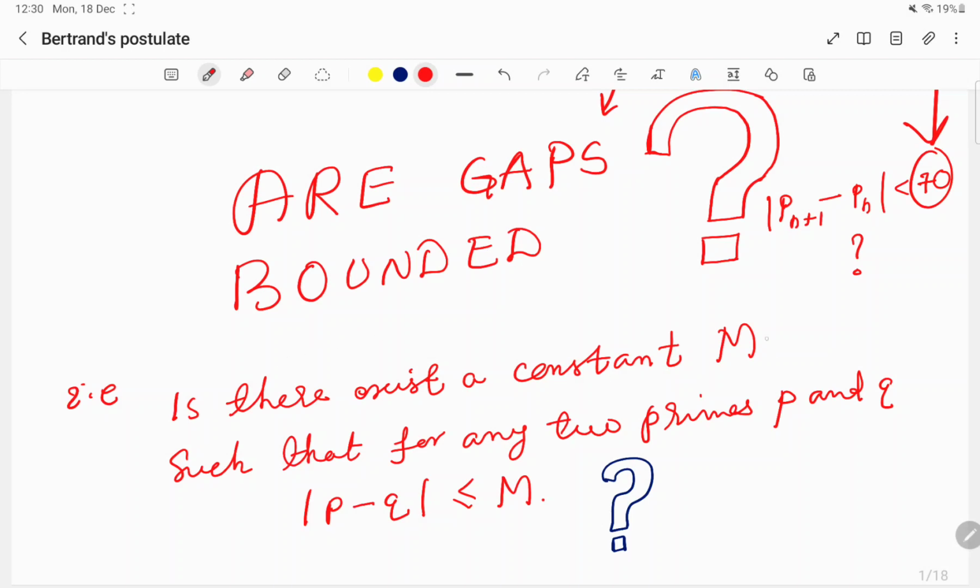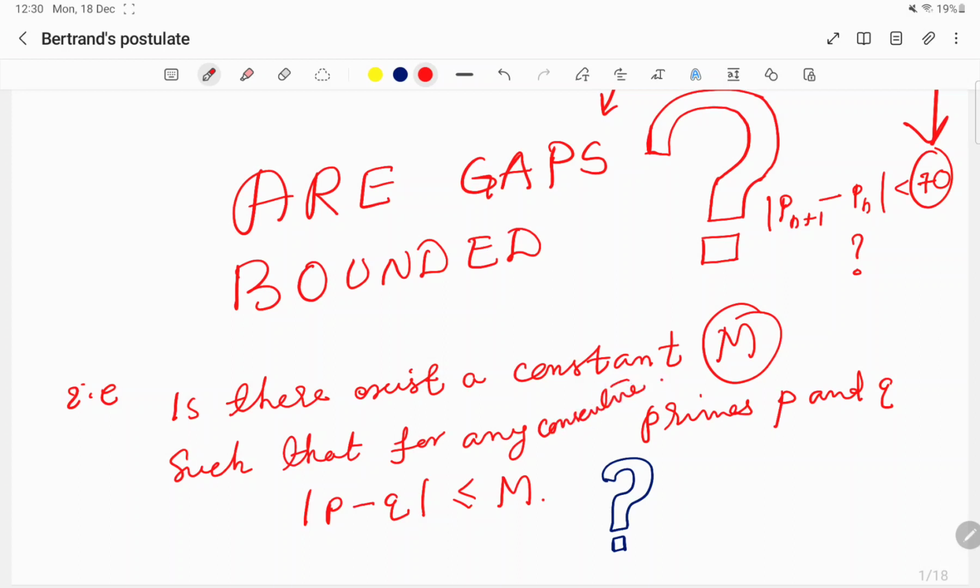Does there exist a constant m such that for any two primes p and q the gap is bounded? It is not actually any two primes, it is any consecutive primes. Consecutive, because that's very important.